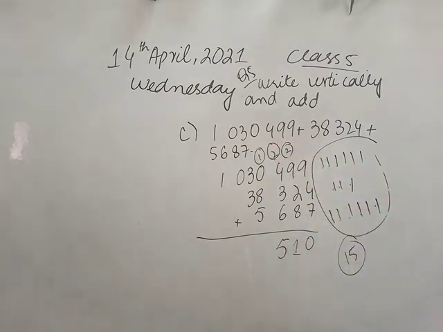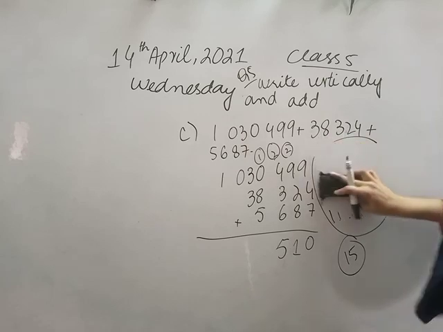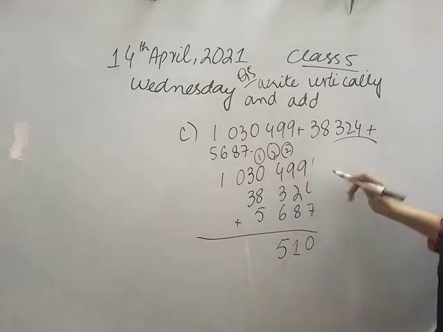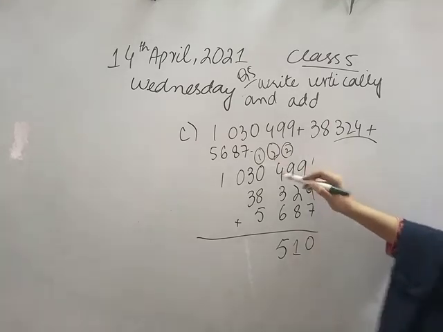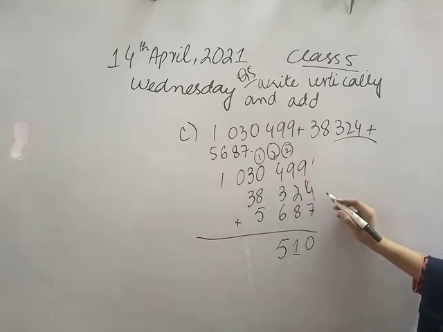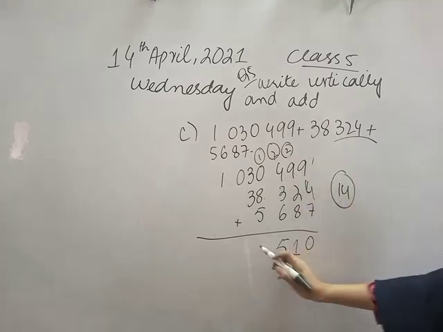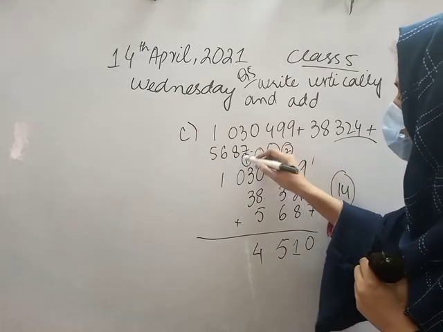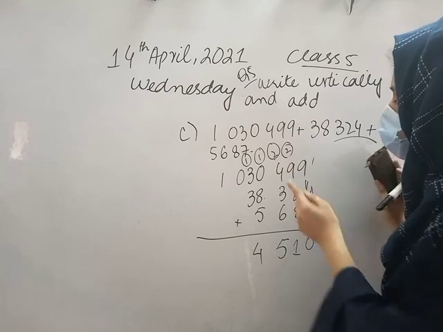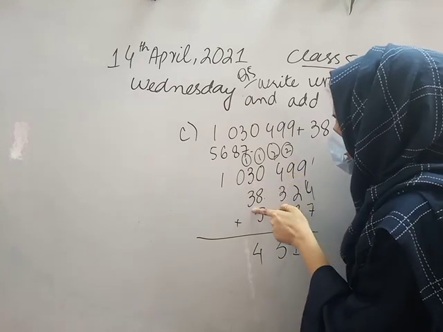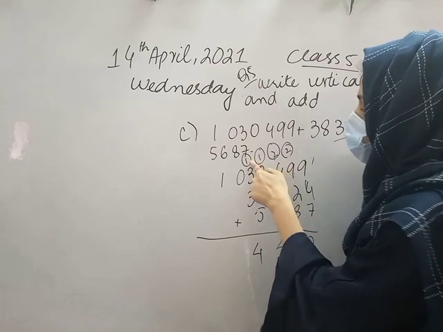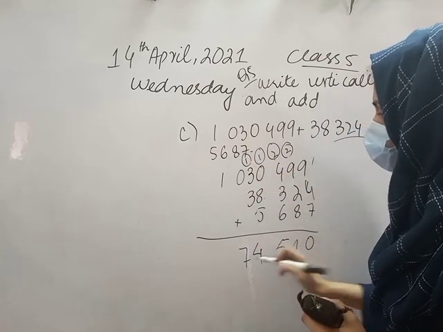For next, which is 1 plus 8, 9 plus 5 is 14. 2 digits, so I will write 4 below 5 and 1 as a carry. Fine. Now 3 plus 3 is 6 and 6 plus 1 is 7.